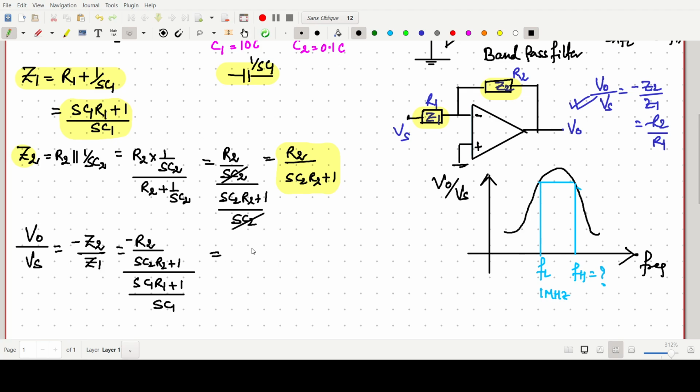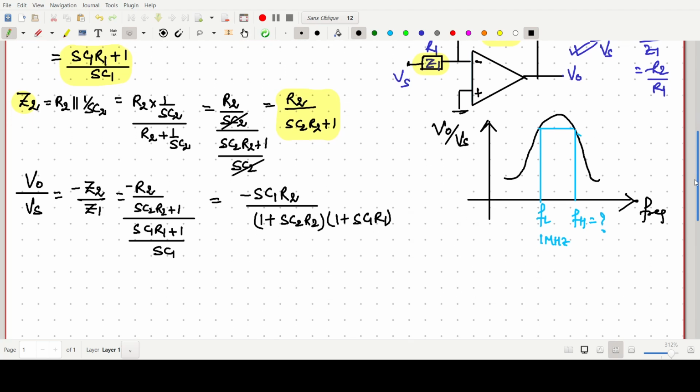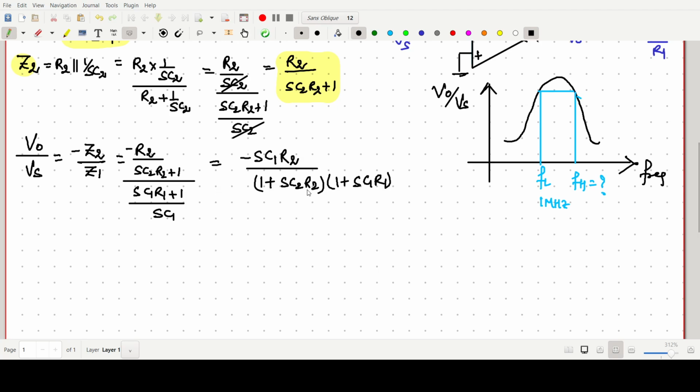Okay, and if we solve this one, it will come minus s c1 r2, and then this one, you can also write 1 plus s c2 r2, or 1 plus s c1 r1. Okay, so this one is a transfer function in terms of this. Now what we are doing, v naught by vs, we are writing the numerator as same.